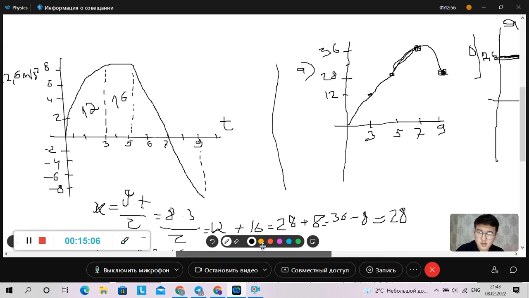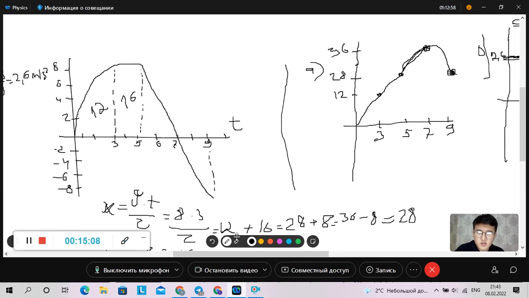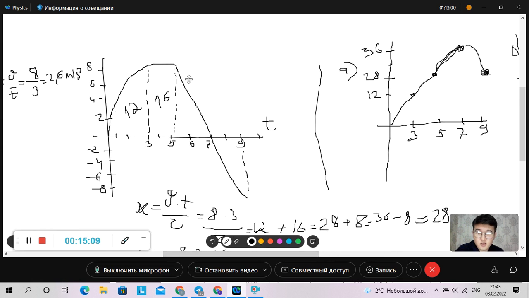The velocity is a straight line, and the third and the fourth parts are the same because the acceleration is equal to the final velocity, minus 8, minus the initial velocity, 8, divided by the time.